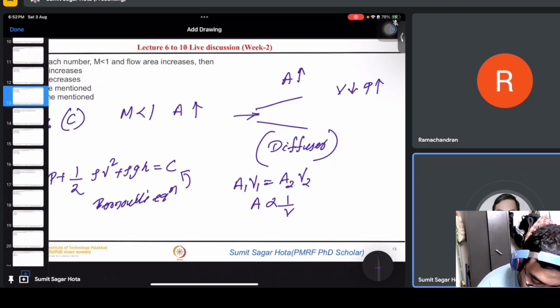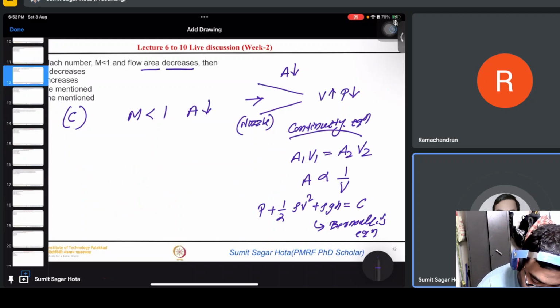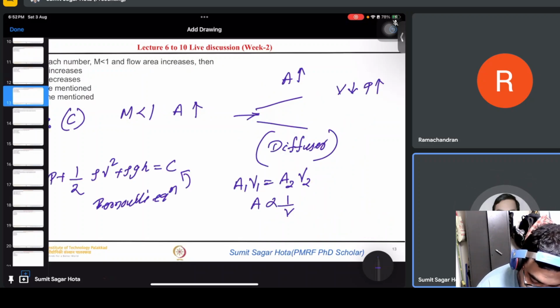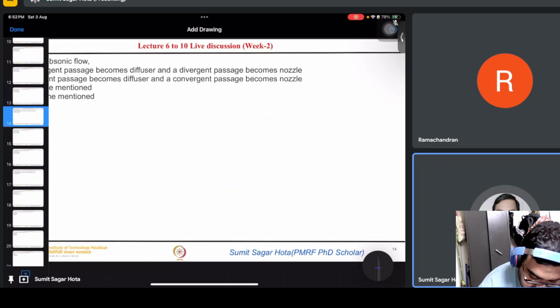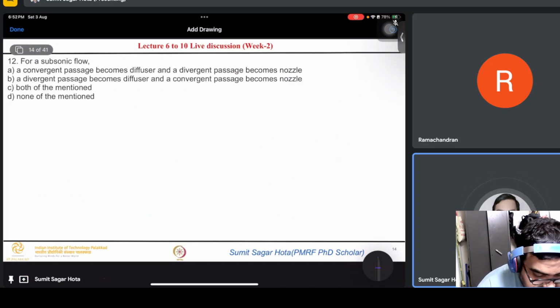In both of these cases the Mach number is less than 1. Here, a nozzle becomes the nozzle only and a diffuser becomes the diffuser only, so there is no interchange. So option B: a divergent passage becomes the diffuser and the convergent passage becomes the nozzle, as we saw in the previous two questions. So our option will be B.